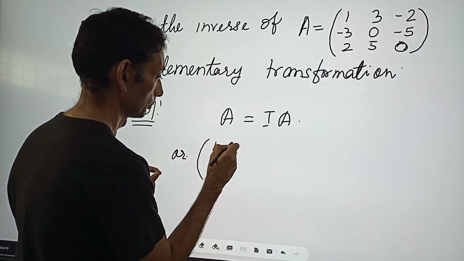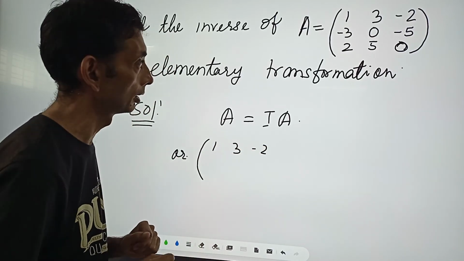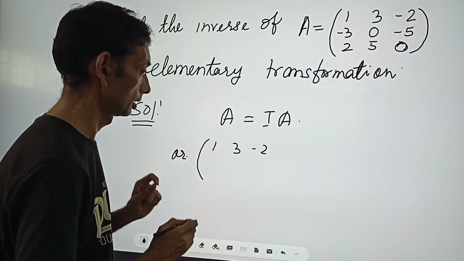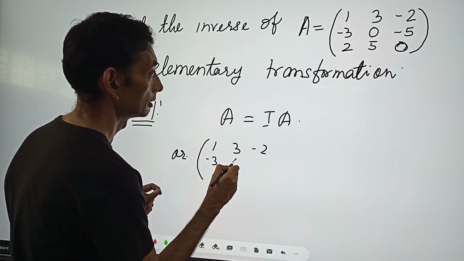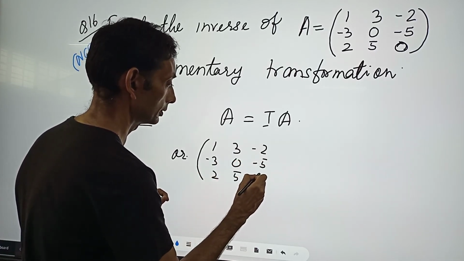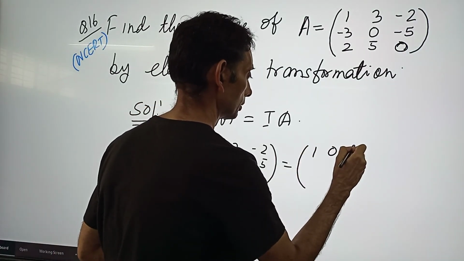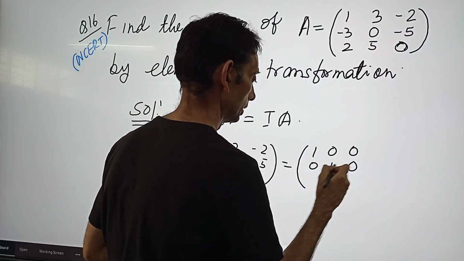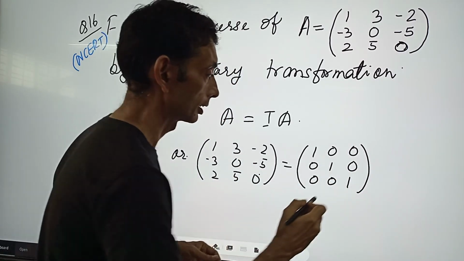Since this question has got some steps, we'll be solving only one question. The matrix is 1 3 minus 2, minus 3 0 minus 5, and 2 5 0, equal to 1 0 0, 0 1 0, and 0 0 1, which is the identity matrix of order 3, times A.